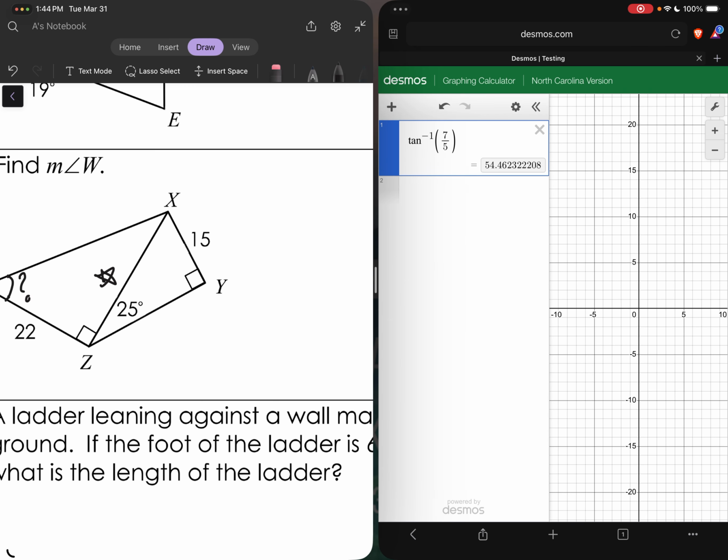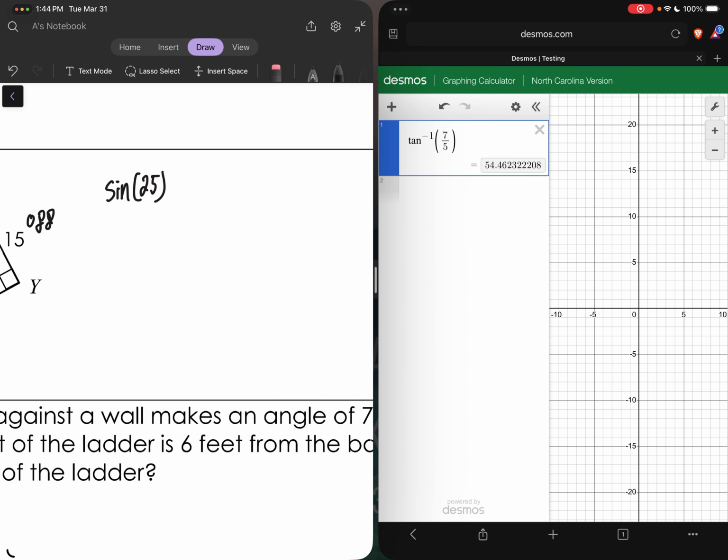So to find this length, I'm given the opposite as 15 of this right triangle. I'm looking for the hypotenuse. Opposite over hypotenuse is sine, so sine of 25 equals 15 over star.